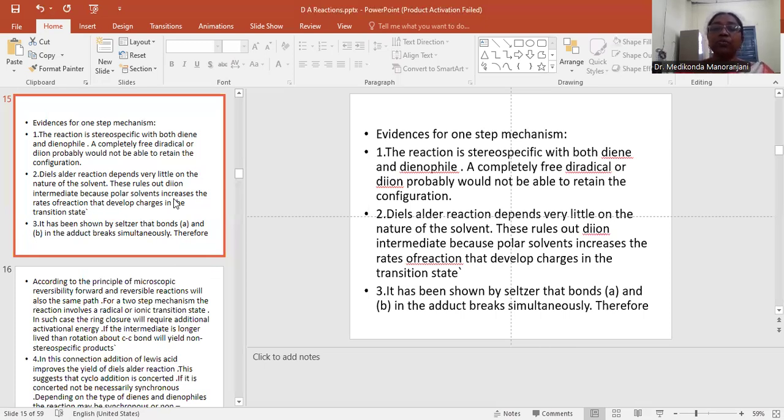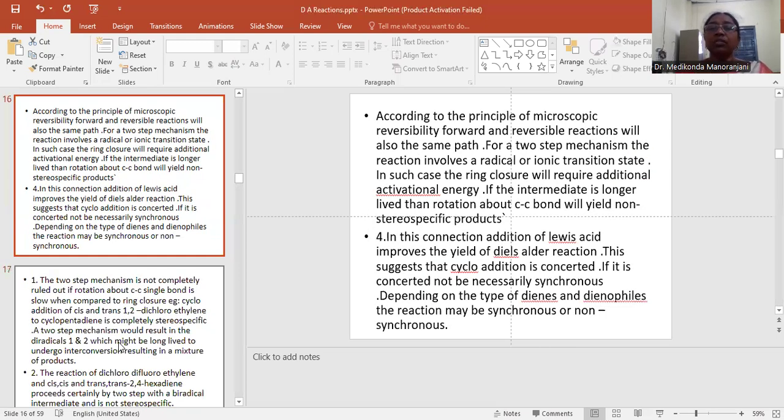It has been shown by Seltzer that bonds A and B break simultaneously in the adduct. Therefore, according to the principle of microscopic reversibility, forward and reverse reactions will also follow the same path. For a two-step mechanism, the reaction involves a radical or ionic transition state.